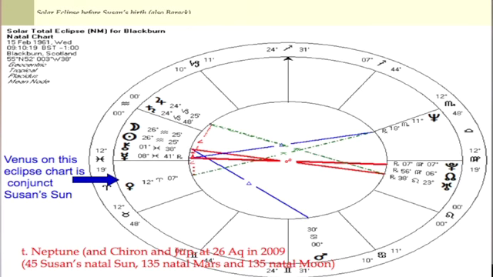But interestingly, the solar eclipse before Susan's birth is also the solar eclipse before Barack Obama's birth. And you'll notice that the eclipse is at 26 of Aquarius. The Sun and Moon are at 26 of Aquarius. So that's where the Neptune, the Jupiter and the Chiron all were in 2009 when she found fame.